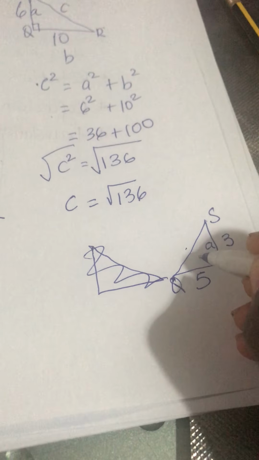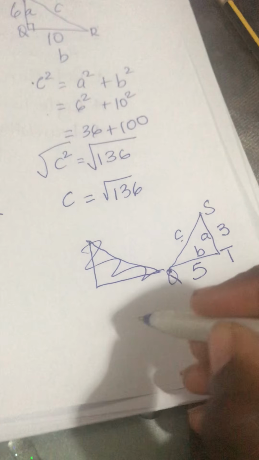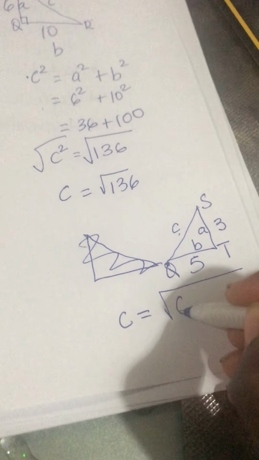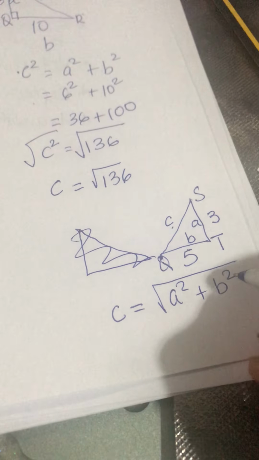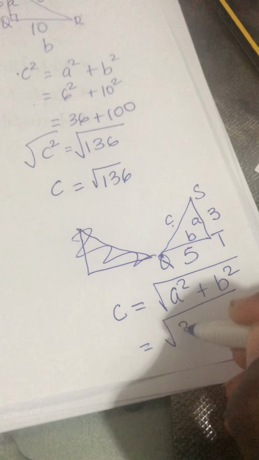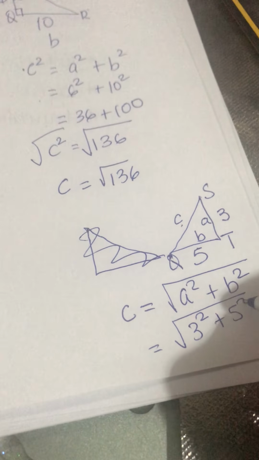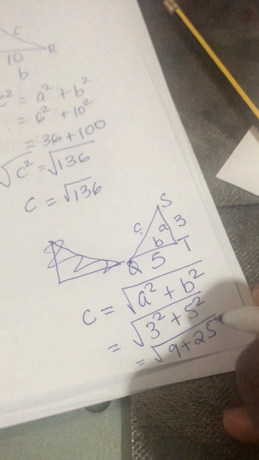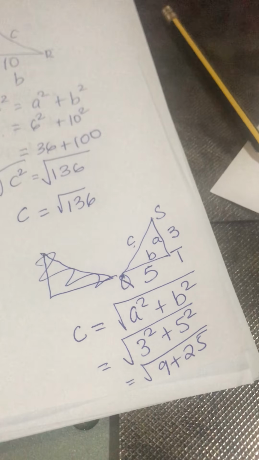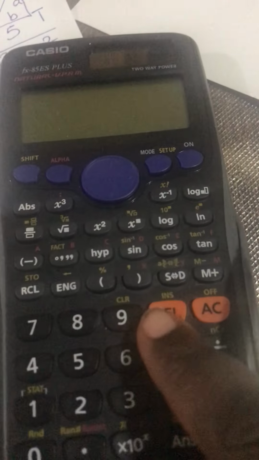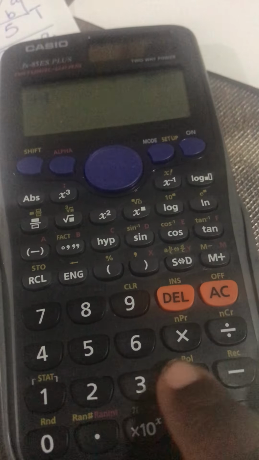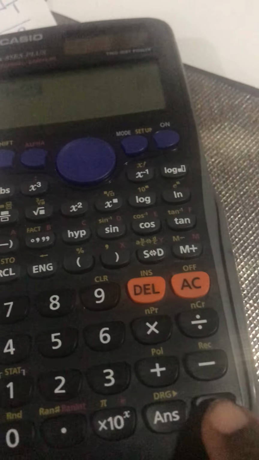So this is A, this is B, we need to find C. So C equals the square root of A squared plus B squared. 3 squared plus 5 squared. 9 plus 25. That should give me 34.